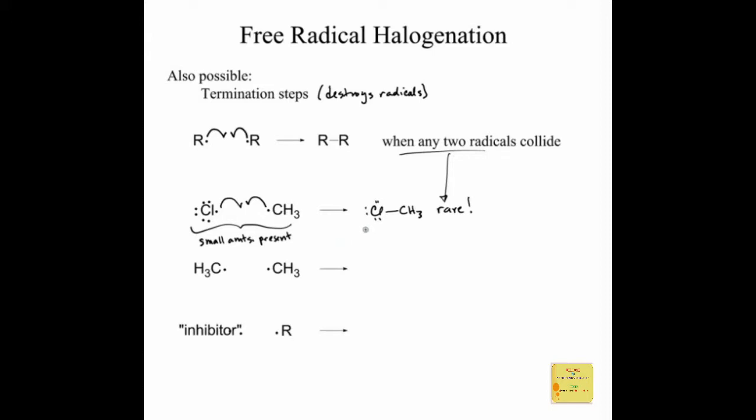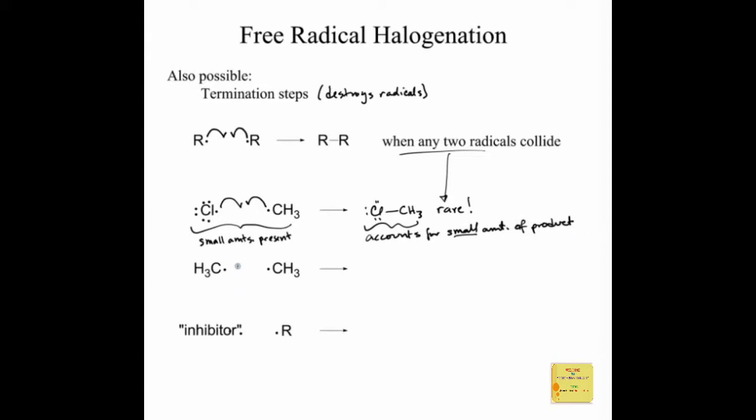So this particular mechanism accounts for a very small amount of product. This is not how you make products. The propagation steps on the previous slide are the ways that you're going to do this reaction. But the fact that these termination steps occur means that it could give rise to some other side products.